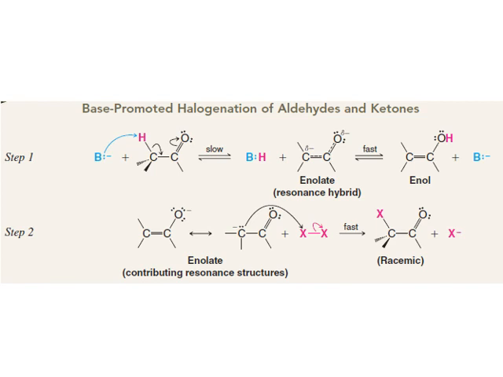If the halogen is added to the same side of E and Z isomer, two enantiomers result, that's to say the racemic mixture is formed.